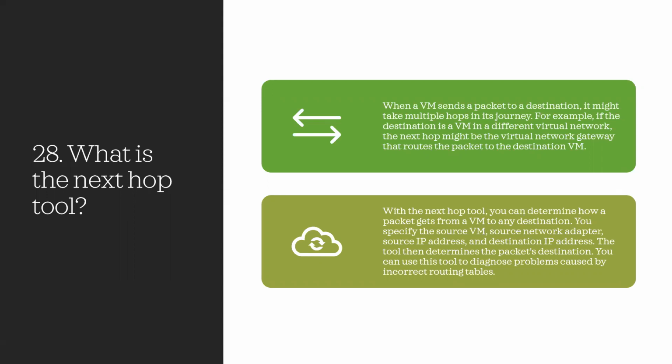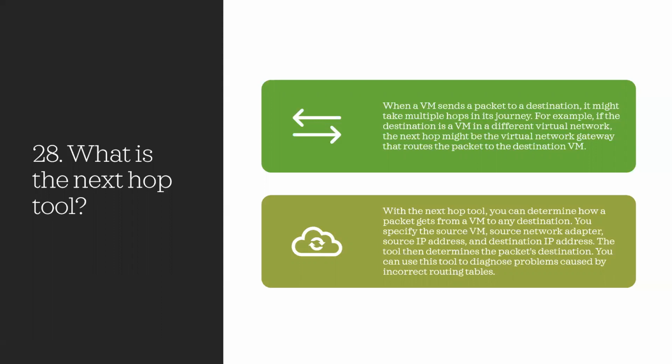What is the next hop tool? Traffic from a virtual machine is sent to a destination based on the effective routes associated with a network interface. Next hop gets the next hop type and IP address of a packet from a specific virtual machine and network interface.